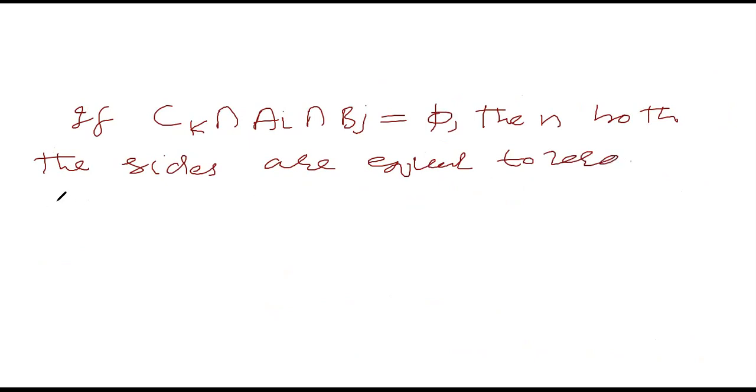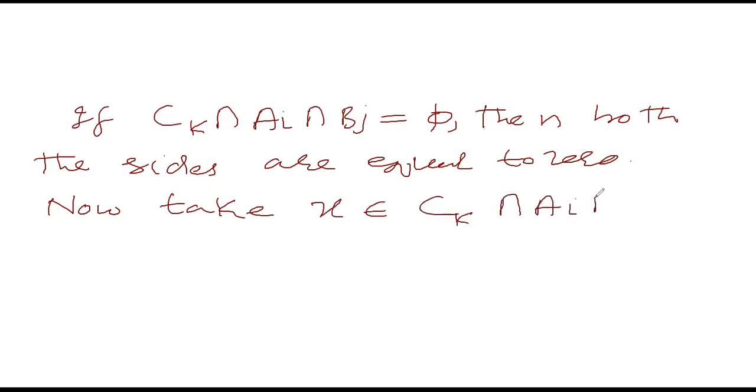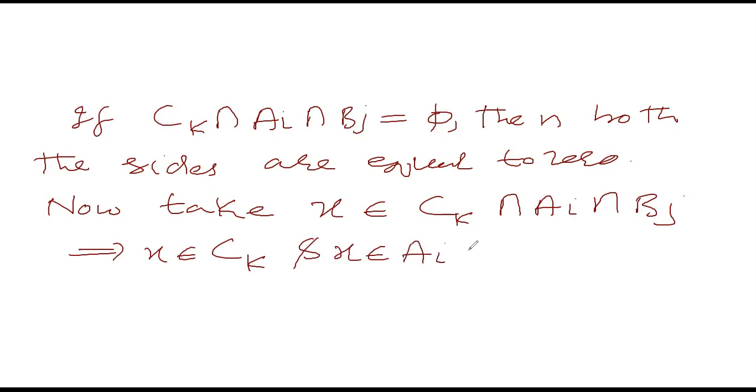So now let's take a point in the intersection. Suppose this is not the empty set. Let's take x belongs to Ck intersection Ai intersection Bj. So this implies that x belongs to Ck and x belongs to Ai and x belongs to Bj.